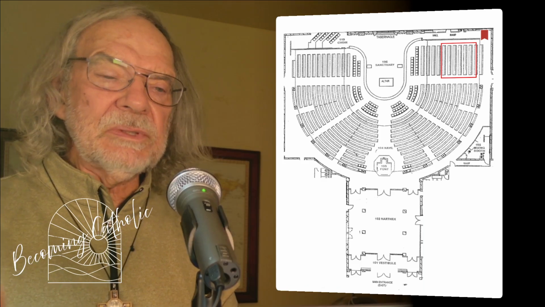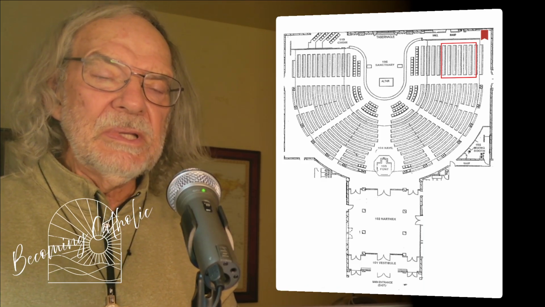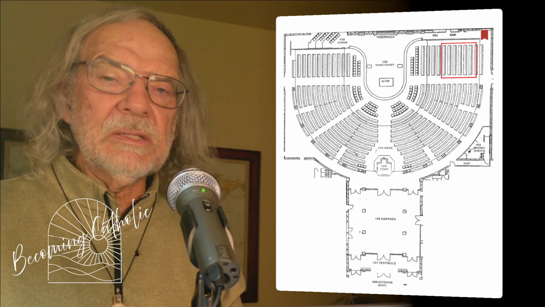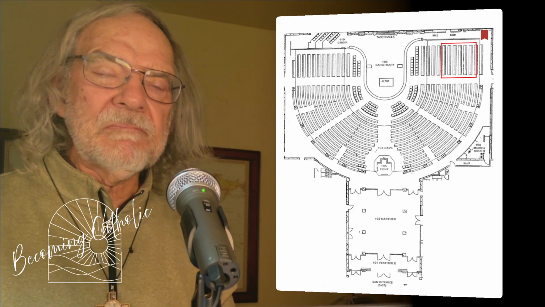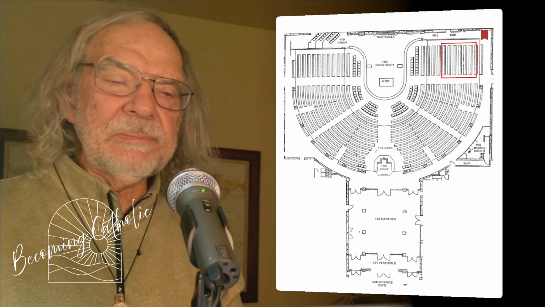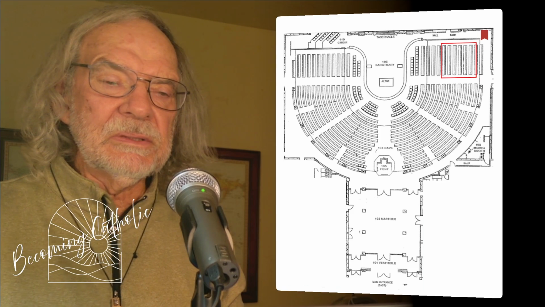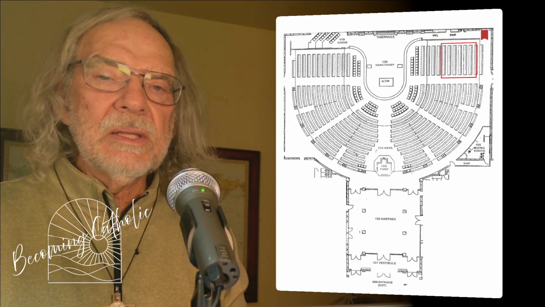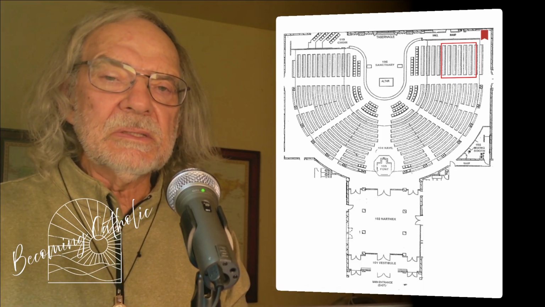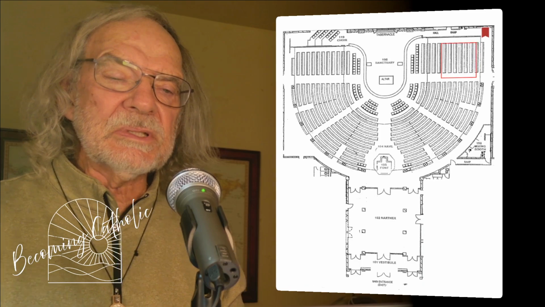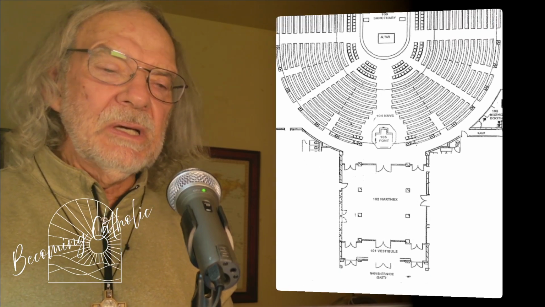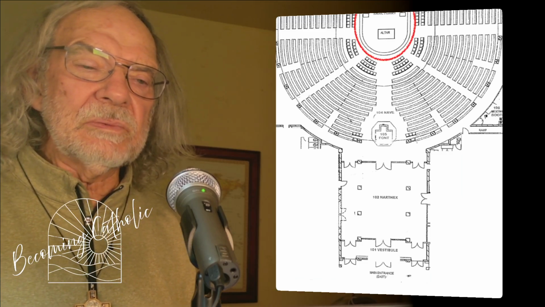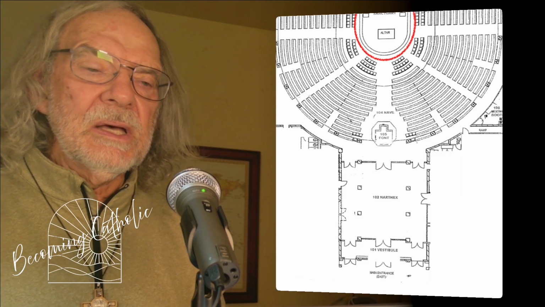The Mass will then proceed as normal. We will go through the readings, and the priest will give a homily, and then I will approach the ambo again, and the celebrant is going to call the catechumens and candidates forward, and you will assemble again in the same order in a semicircle around the sanctuary.